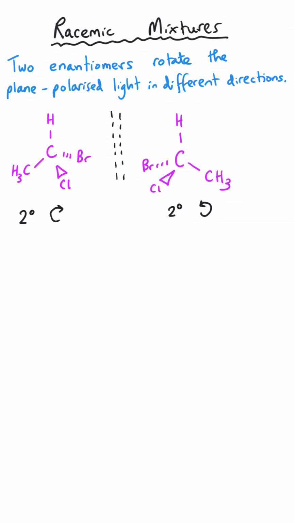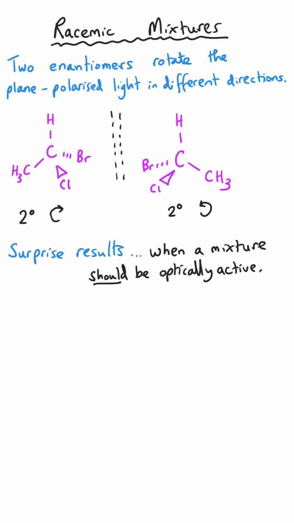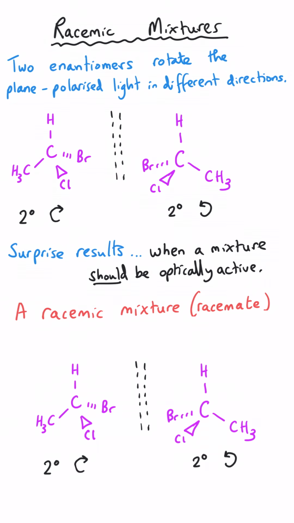Sometimes when you're investigating optical isomers, you might expect optical activity from a sample, but you might not get it. This will always be because the sample that you've put between your 2 filters is actually a racemic mixture. In other words, this has got a 50-50 mixture of the 2 enantiomers.